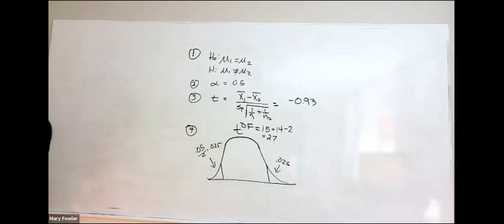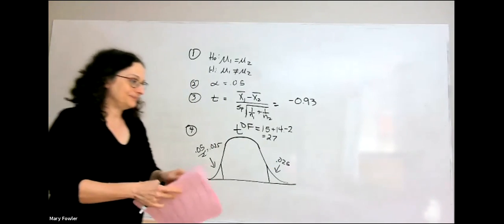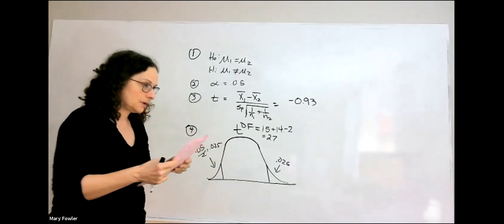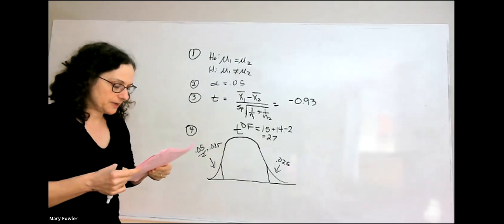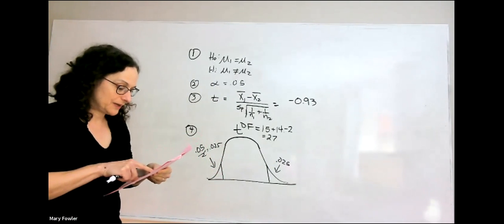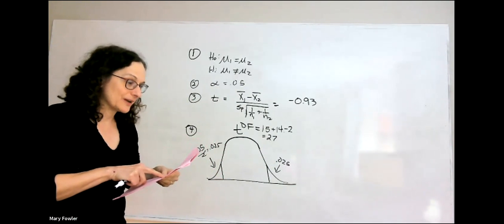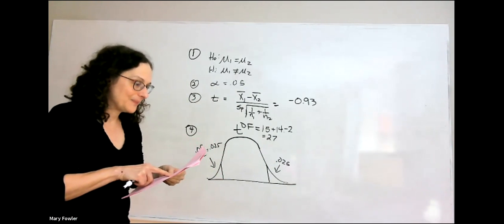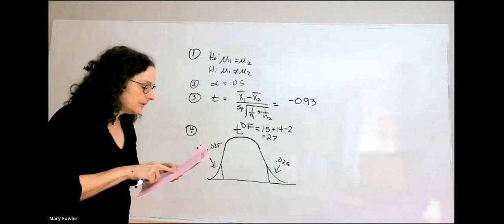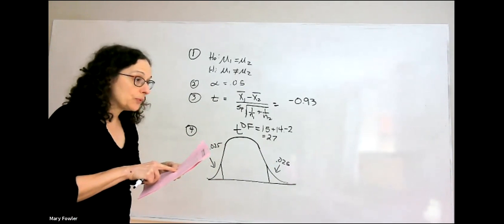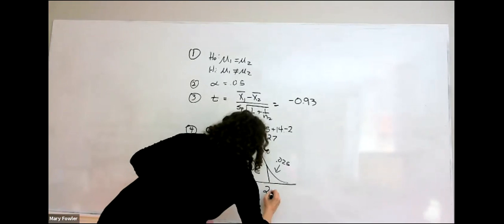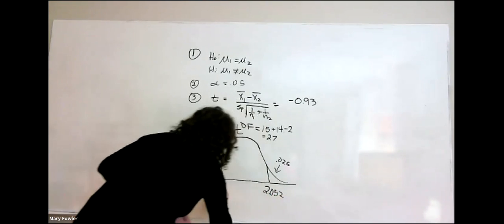So let's go ahead and get our t-tables up. 27 degrees of freedom. Please follow along and catch me, because if I have any errors, I'm going to want to know about it. 0.025 gives me 2.052 as my critical value.